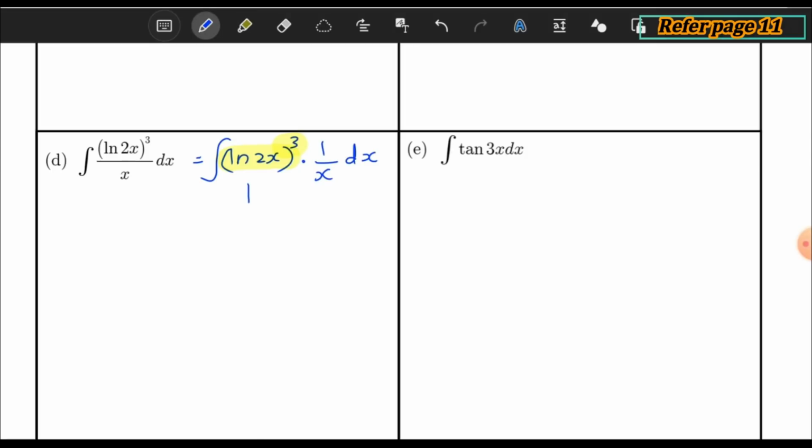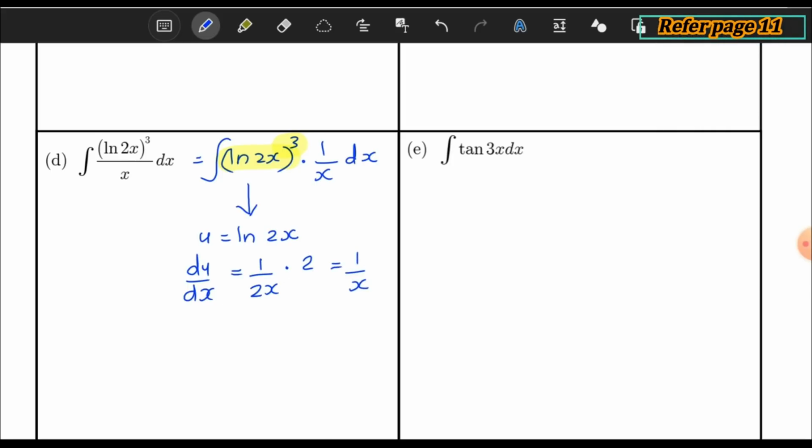And for this case, we will use ln 2x as u. Biasanya untuk substitution, we ignore the power. Now will be easier. Okay, so du dx equal to 1 over 2x times 2 equal to 1 over x.